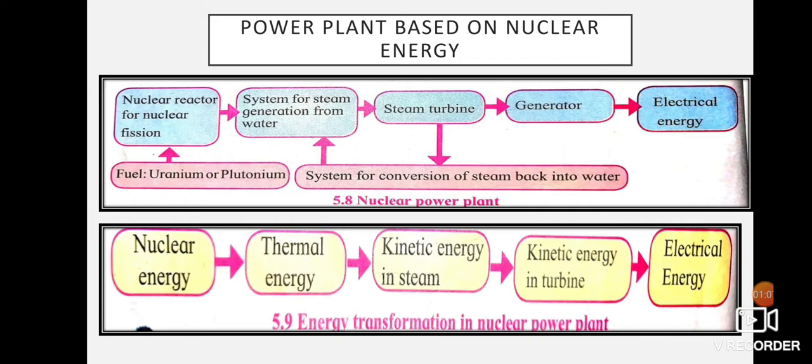That is, we are using the nucleus of an atom. The reaction takes place over here, where the body in which the reaction takes place is called the nuclear reactor, wherein we are using the neutron that is present in the nucleus. The fission reaction takes place, nuclear fission. We will be doing what nuclear fission is later on.